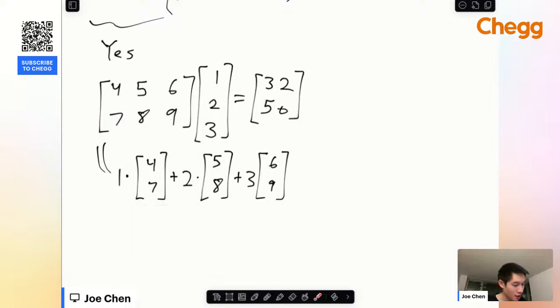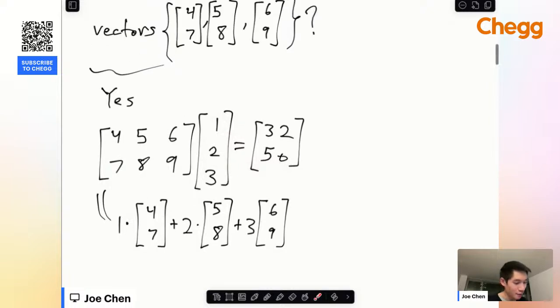So this answer, 32, 50, is just equal to some specific combination of the columns of the matrix, and namely the one given by these weights. So that's also how you should interpret it. Actually, I would say this is the main way to interpret matrix multiplication. It's like taking a weighted sum of the columns here.